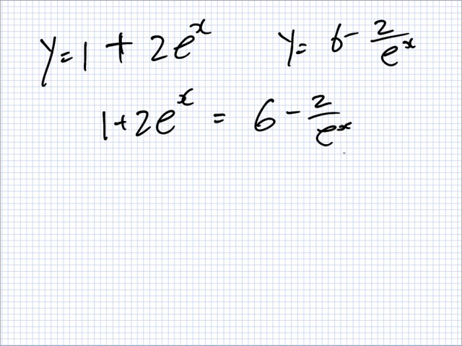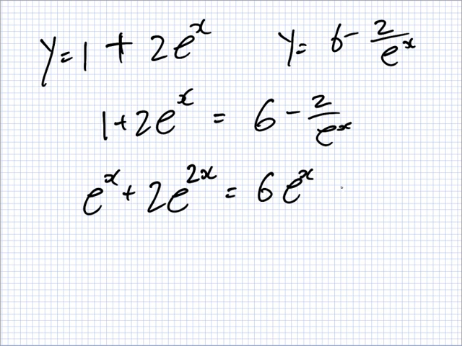I think I multiply by e to the x, because that way I can get rid of the fraction. So here I have e to the x plus 2e to the 2x, because there's an e to the x and an e to the x. And this one will be 6e to the x. And lastly, minus 2.